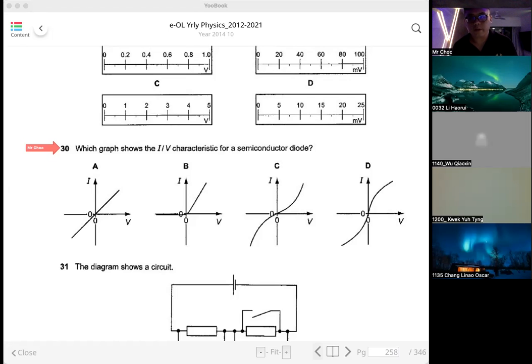Ryan incorrect, Ryan. Which of these graphs shows that there is a current only in one direction and not in the other?